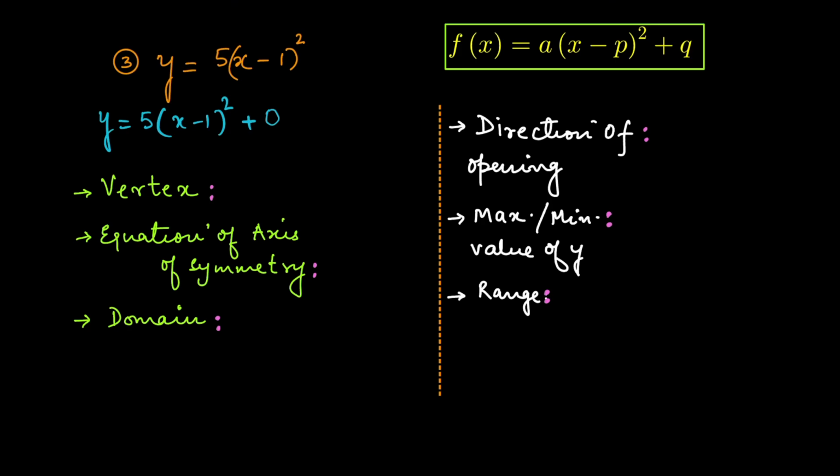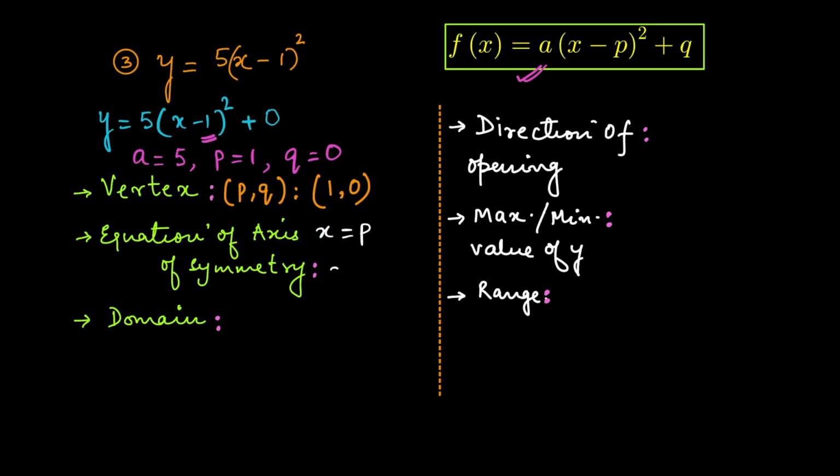Now we relate, and we write a is 5, and as we take the opposite sign here, p will be 1 and q is going to be 0. The vertex formula is (p, q), so we write it as (1, 0). The equation of axis of symmetry is x equals p, so x equals 1.